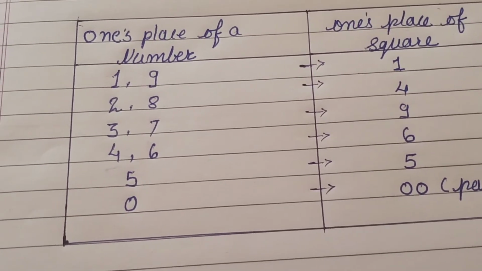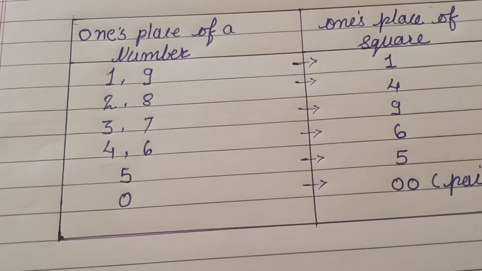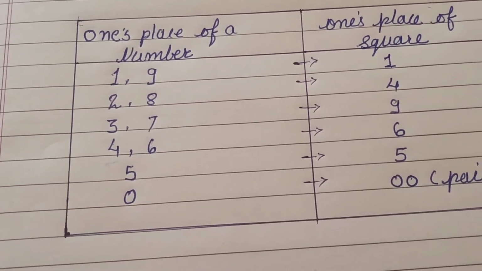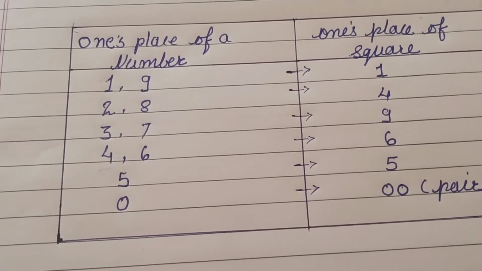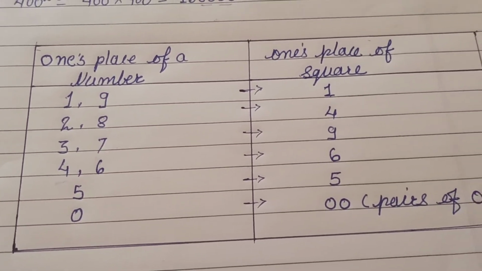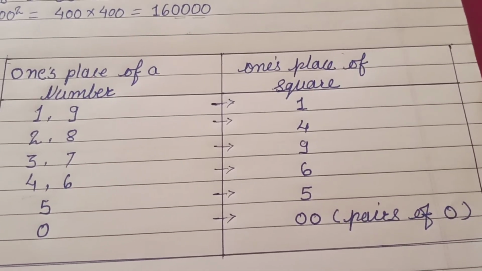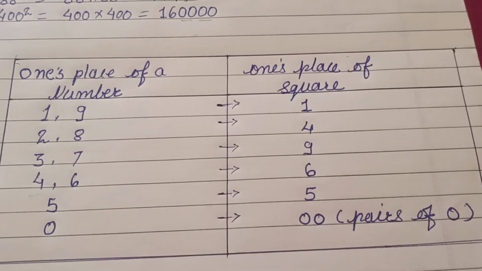If a number has 4 or 6 at its ones place, its square will end with 6. And if a number has 5 or 0, the ones place of its square will have 5 or 0, but zeros will be in pairs. Please remember, zeros will be in pairs, in even numbers.